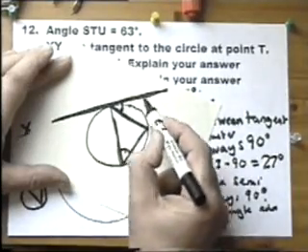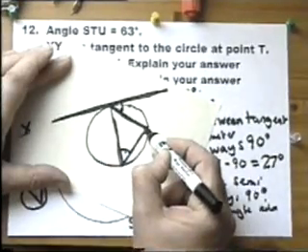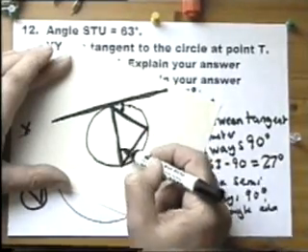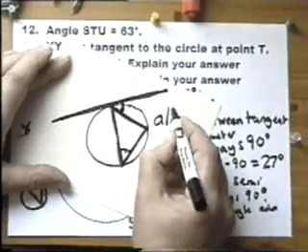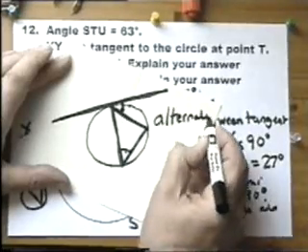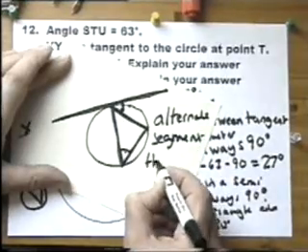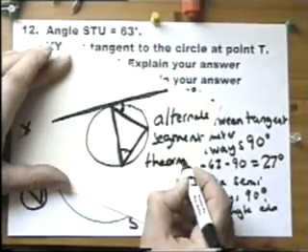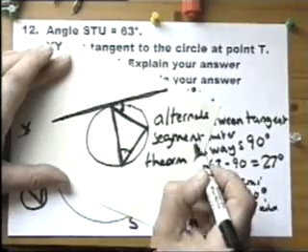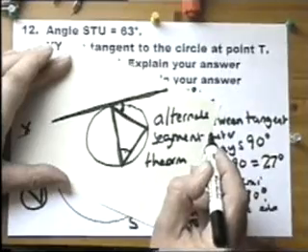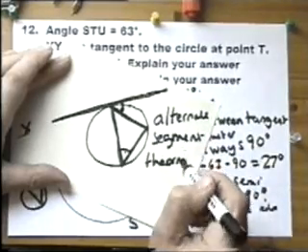Angle between a tangent and a chord equals the angle subtended by that chord in the alternate segment. Sometimes it's called the alternate segment theorem. And in fact the examiner will let you get away with those three words, as long as you don't just say alternate angle, because that's a completely different thing. This is the alternate segment theorem.